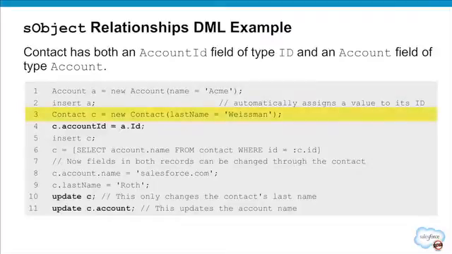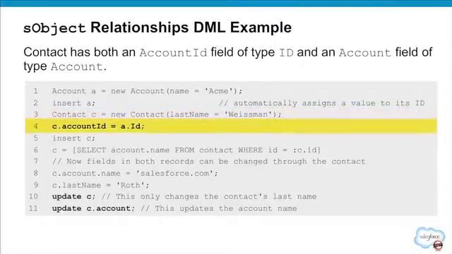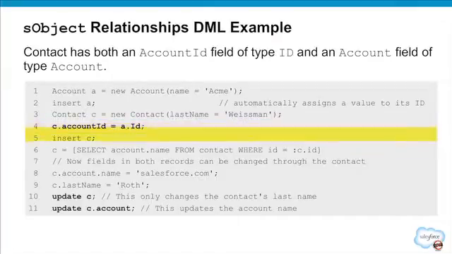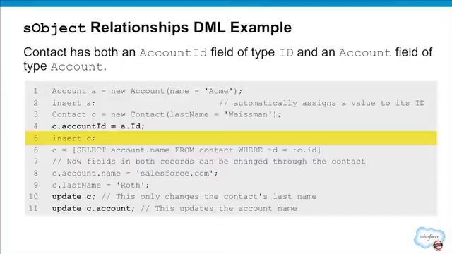So our account A now has a populated ID field from the database. Now in line 3, we're going to create a contact record. So once again, this exists only in memory. On line 4, we associate this contact with this account. So we're going to set our account ID field on the contact equal to the generated ID on the account. And then on line 5, we are going to insert our new contact. So now we have a contact associated with the account.